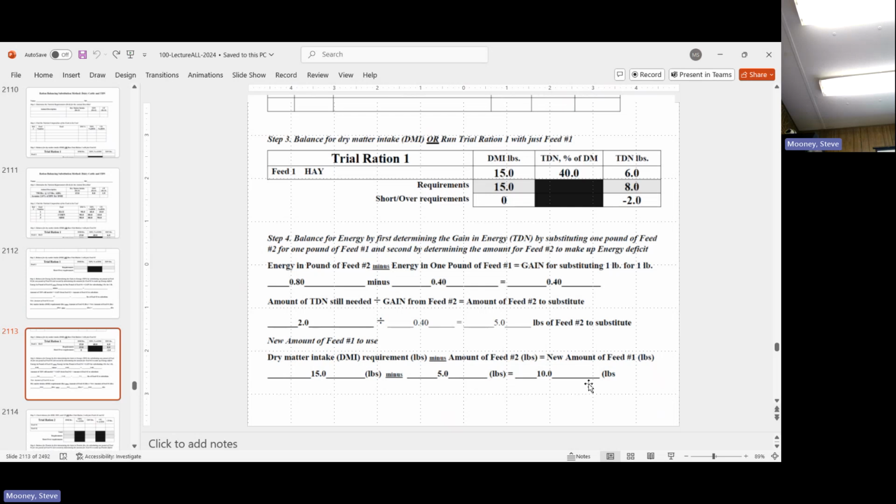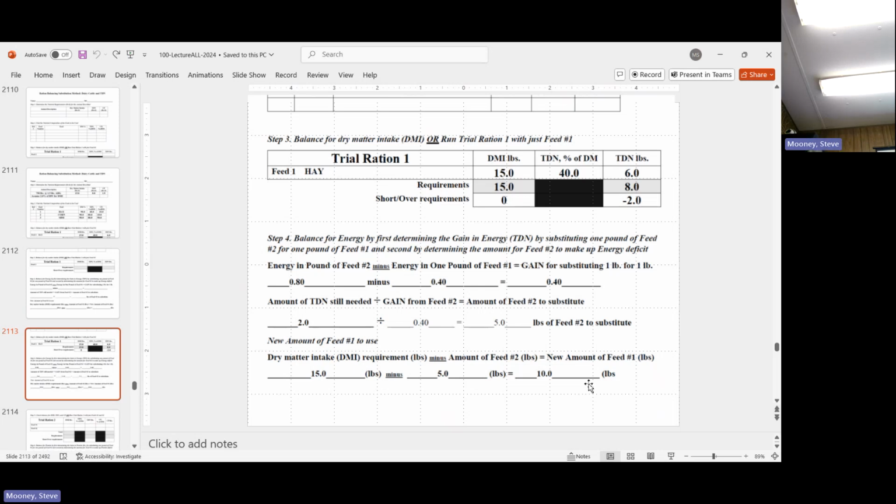So if I do that mathematically, I look at how much energy is in 1 pound of feed 2. How much energy is in 1 pound of feed 2? 8/10, 0.8.